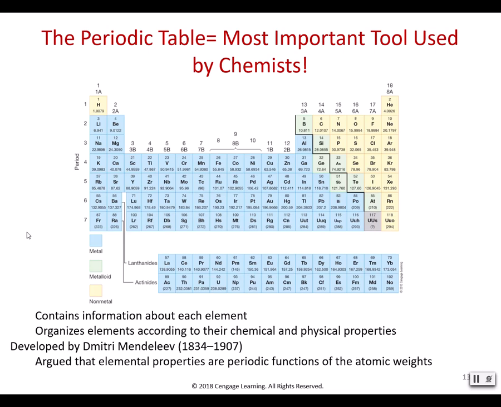So let's take a look at the periodic table, and we're going to talk about the information in each home, or in each square for an element, as well as how it is organized.